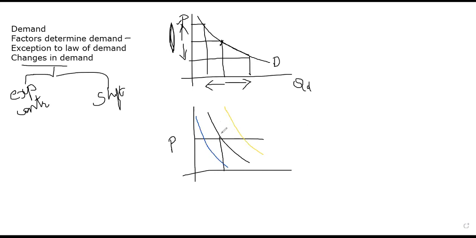This causes a rightward shift and a leftward shift. When the demand curve is shifting to the left, it only means that there is a decrease in quantity demanded. And when the demand curve is shifting to the right, it only means there is an increase in the quantity demanded. So this was the revision of what I had done in the last class.